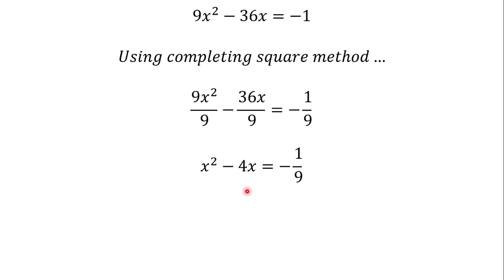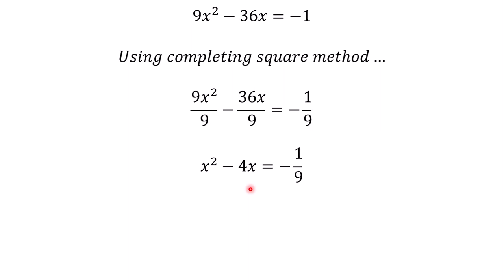Minus 2. Okay, good. The next step says square the half of the coefficient of x, and add it to both sides of the equation. Assuming your equation is of this form, when you are using the completing square method, you find half of the coefficient of x, then square it and add it to both sides of the equation.